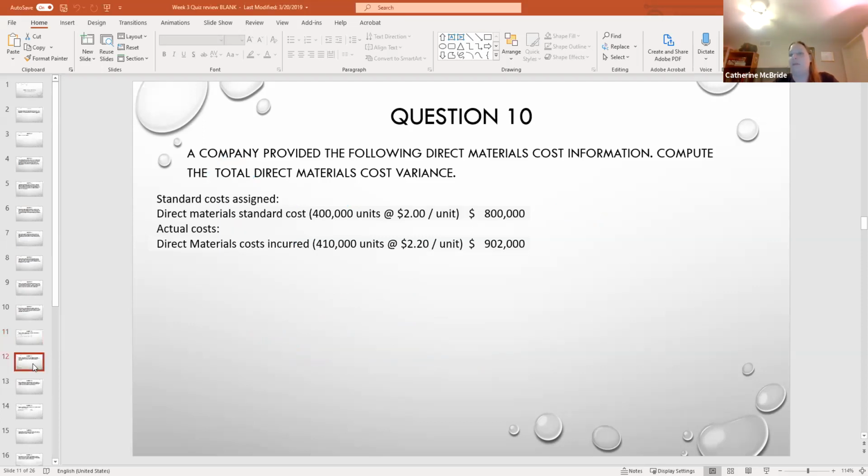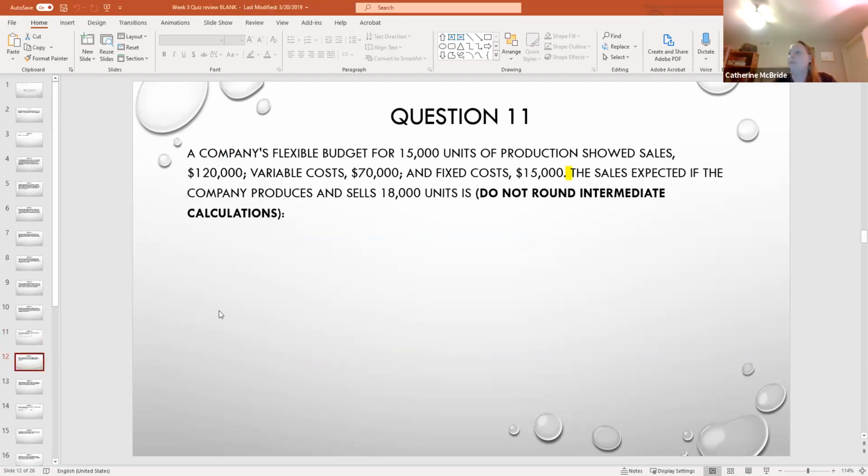Budgeted sales. We want to know the sales that are expected if the company produces and sells 18,000 units. But what we're doing is going from a budgeted number of 15,000 units.